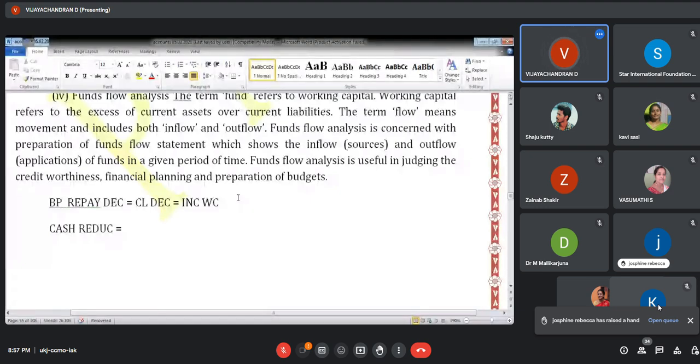Working capital means less than 1 year. Raw material, salary for 1 month, wages for 1 month: anything whose benefit is spread out for less than 1 year comes under working capital. That is current assets or current liability.